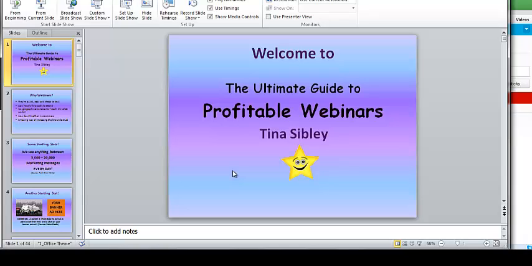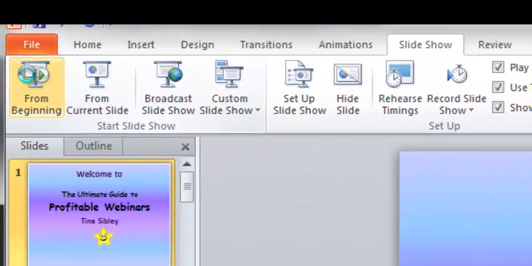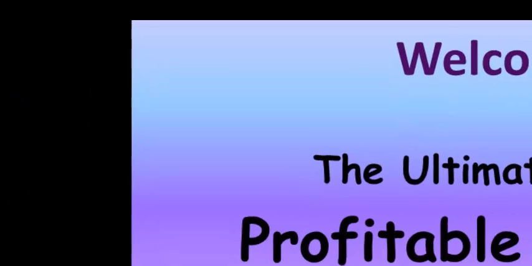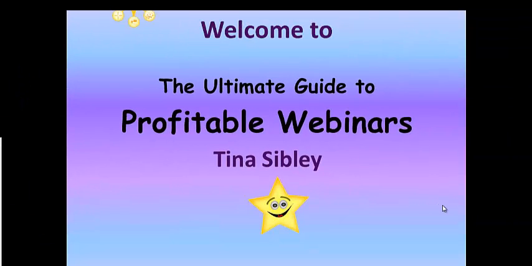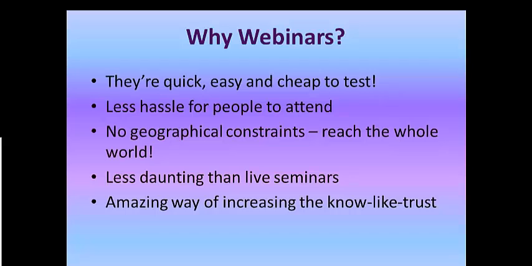So this is for PC users. But basically, if you just play the slideshow from the beginning, it takes up the entire screen. Now, for some strange reason, when you're going through your PowerPoint show, that can't be picked up by Google Hangouts. So that's absolutely no good at all.